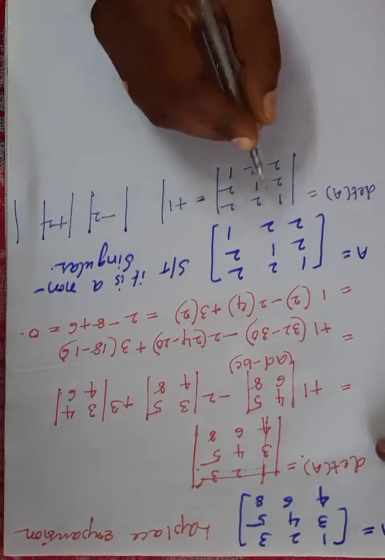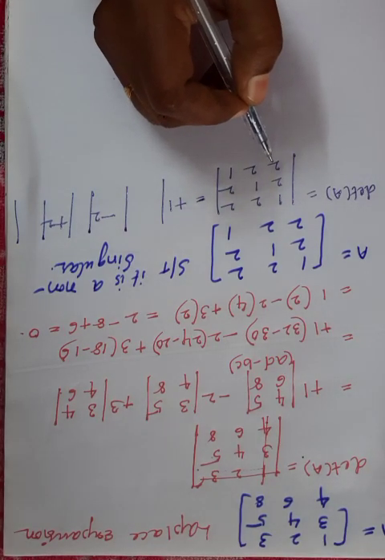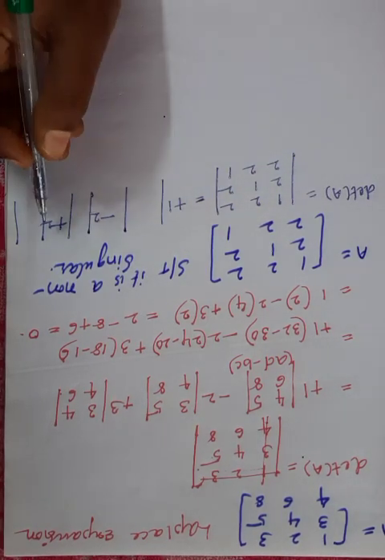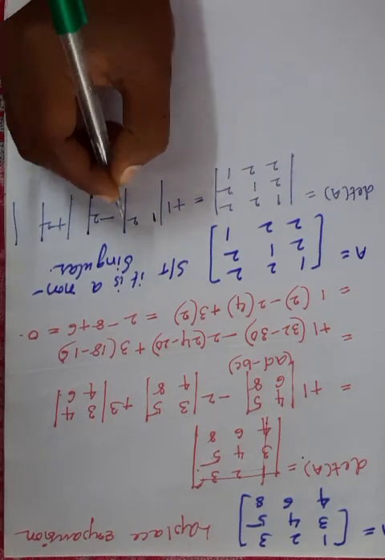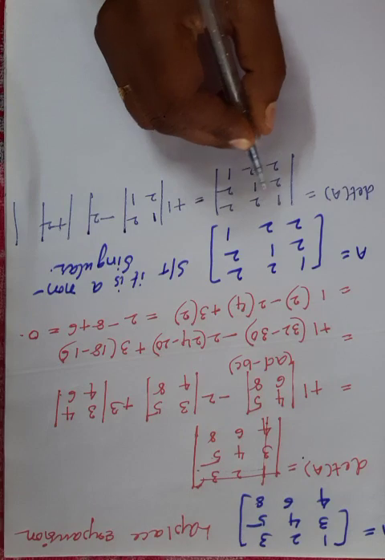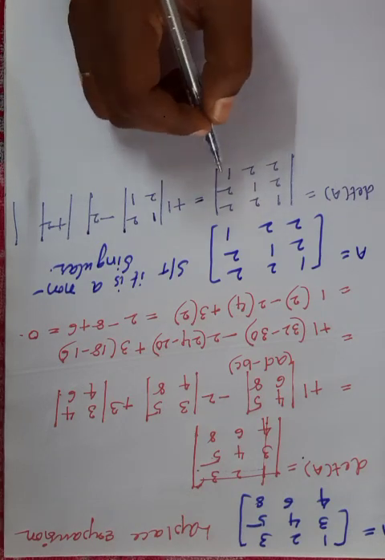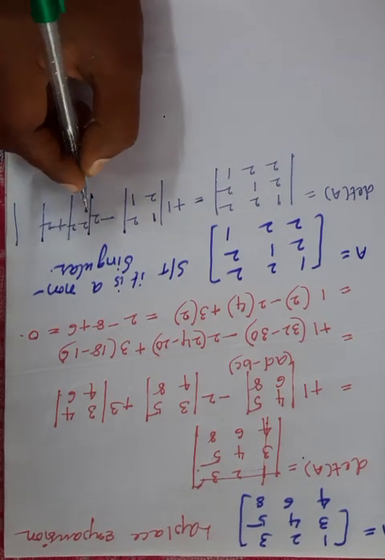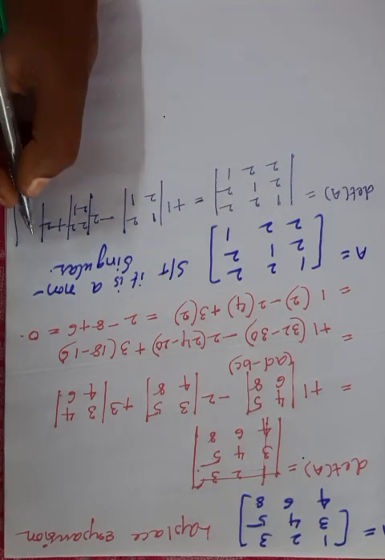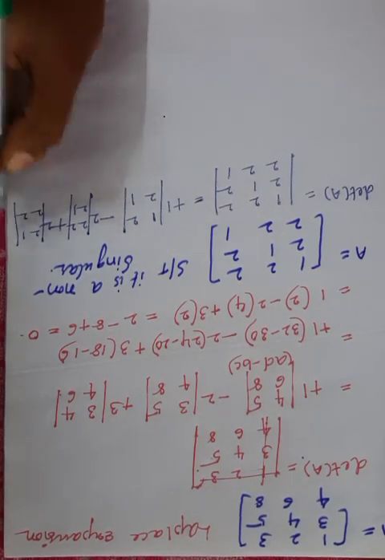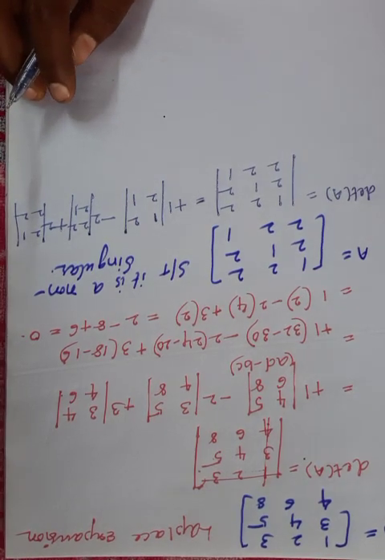Then you have to write their corresponding minors of 1 2 2. So 1 minor is 1 2 2 1. 2 minor is 2 2 2 1. Next 2 minor is again 2 1 2 2. Like this you have to write the minors for first row elements.